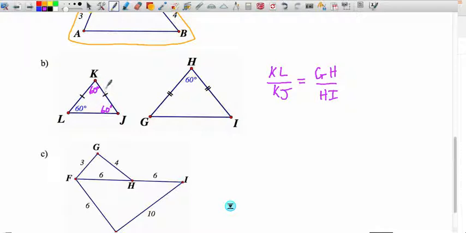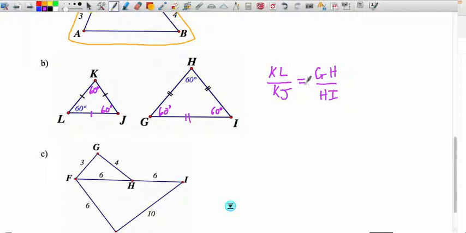Either of those statements would be true, and in fact in this example we could also confirm the third side was congruent. Using the same logic in the other triangle, we could establish those are both 60 because the angles of a triangle add to 180 and those two are equal, and so we could conclude that both of these triangles are equilateral, and therefore that we also have side-side-side similarity. So in this case any one of the three could have been used.